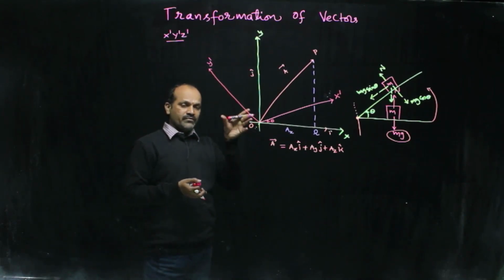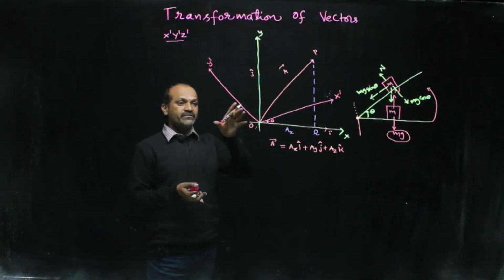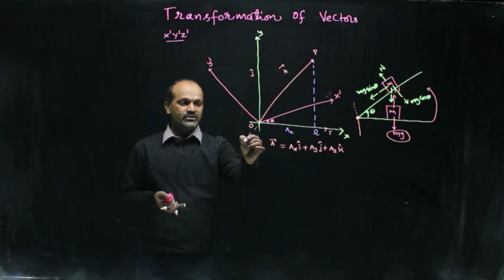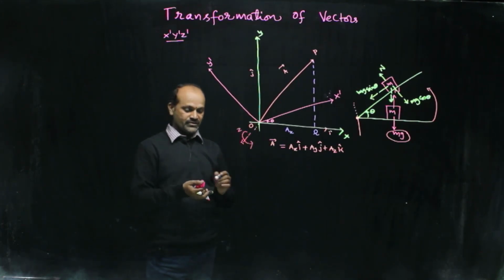Now, we have taken the new frame of reference x dash, y dash, z dash, rotated by an angle theta with respect to the x axis about the z axis. Z and z dash coincide.